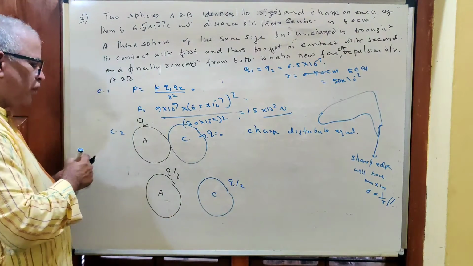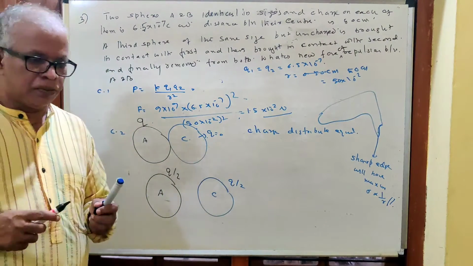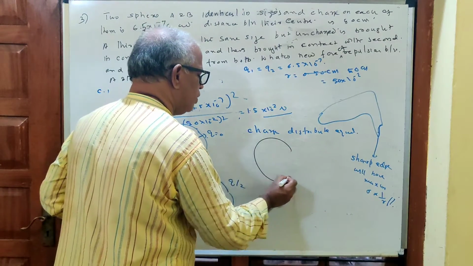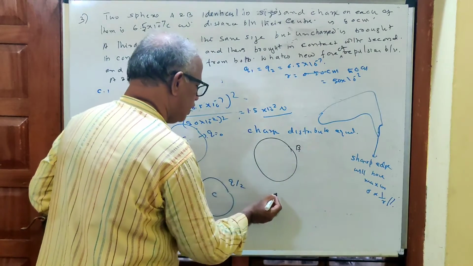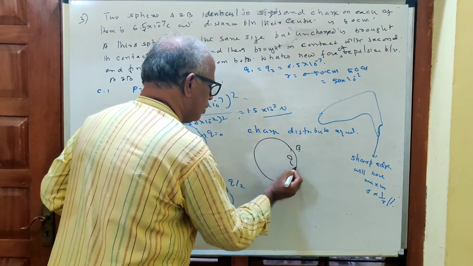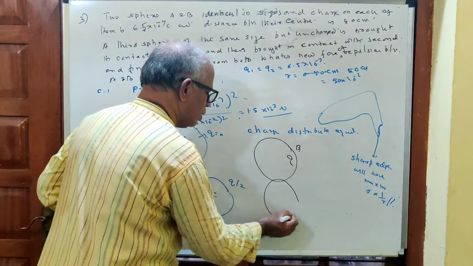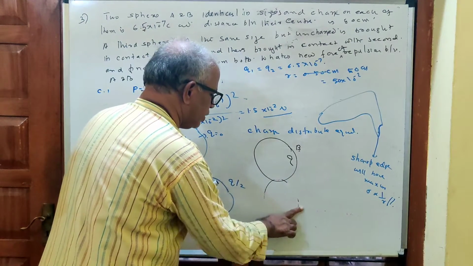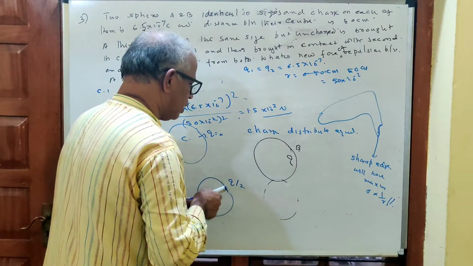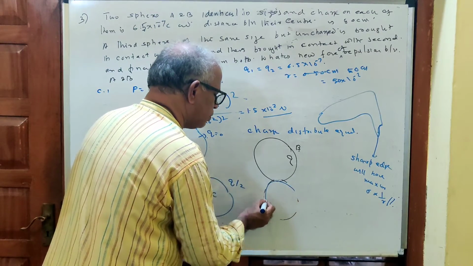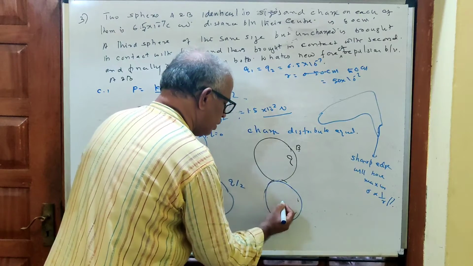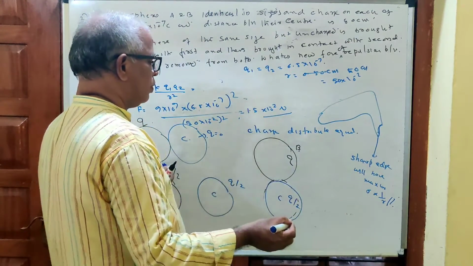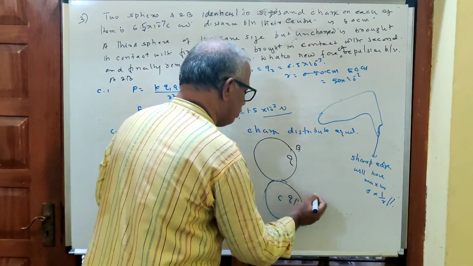This C is brought in touch with B. B has charge Q, and C has charge Q by 2. When you separate them, the total charge will be equally distributed.